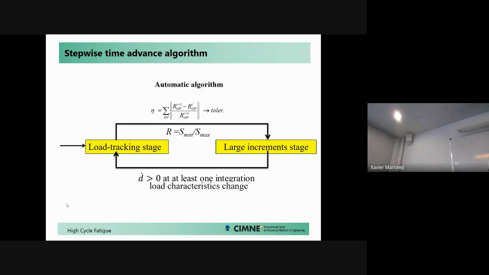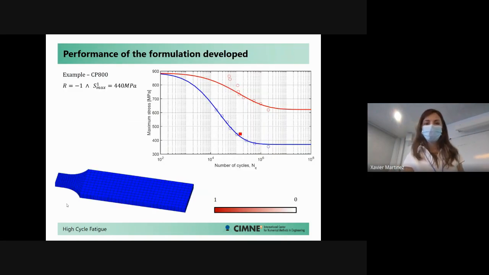Or did the loads that we were applying change? Do we have a different amplitude now? Do we have a different level of maximum stress, etc.? If we detect this, back to the load tracking stage, back to small increments. If everything is stable again, large increments. And this is done automatically until I dissipate all the energy of the material, and I consider that I completely failed my sample.